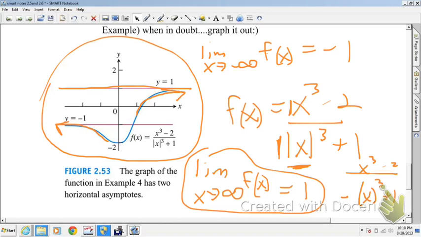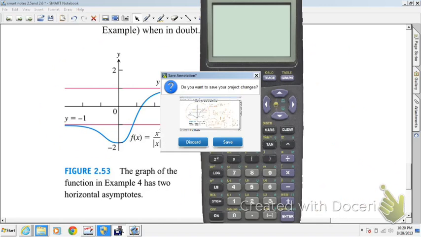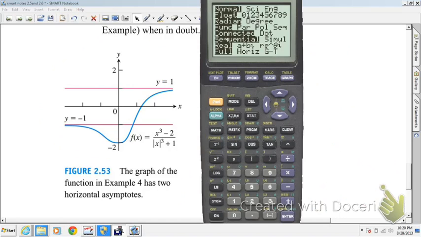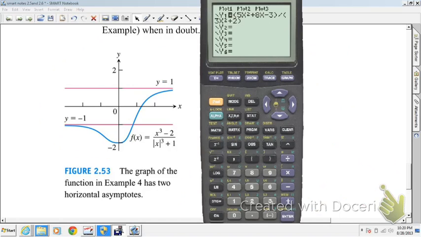But let's just practice to make sure. Let's practice putting that in your calculator. Make sure you know where all the appropriate buttons are, like your absolute value button. So remember, paren x up caret 3 minus 2.